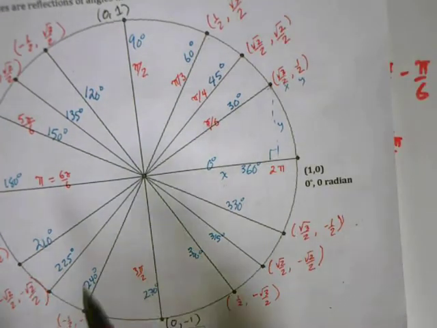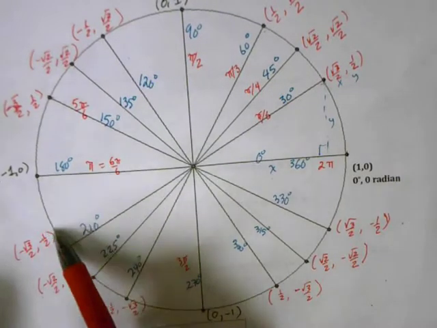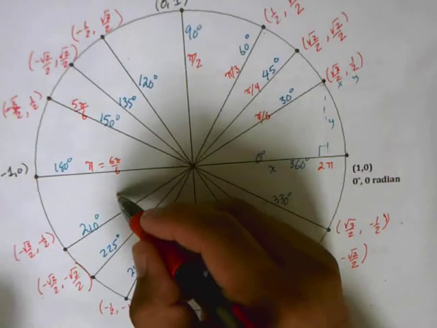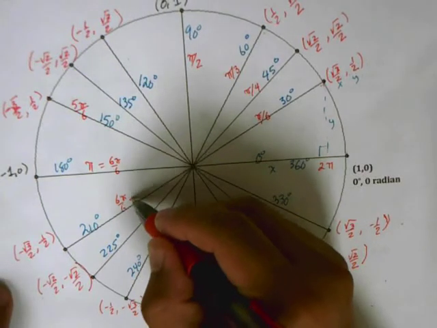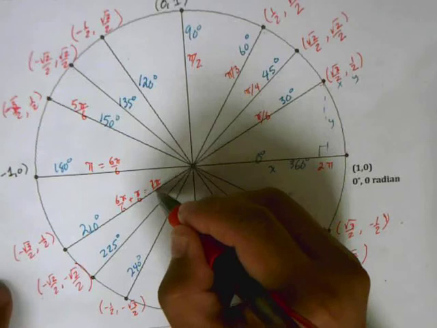And let's keep going. If I wanted to get to this point here, I start at 6 pi over 6, and I increment another pi over 6. So 6 pi over 6 plus pi over 6 is 7 pi over 6.